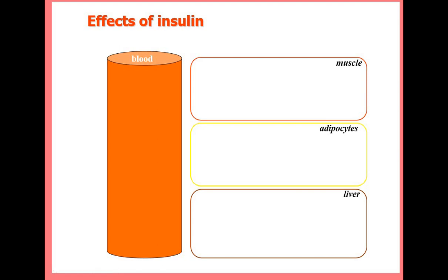The physiological actions which are shown in this slide, wherever shown by a green arrow, are stimulated by insulin. Wherever they are shown by a red arrow, they are inhibited by insulin. So insulin stimulates glucose entry, right, in the cells.